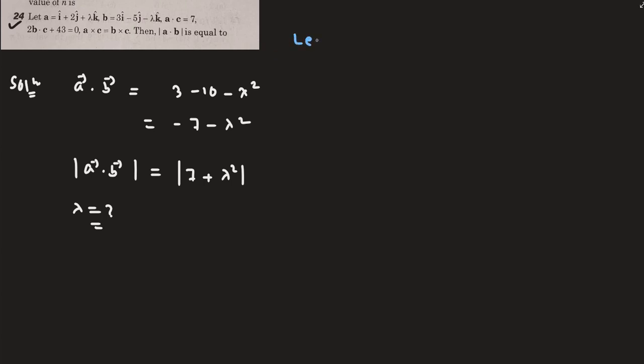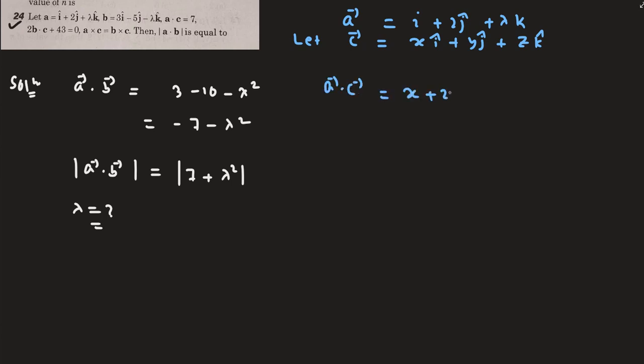So first of all, I consider our C vector to look like xi, yj and zk. This is our C vector. Now taking the dot product of A with C, the A vector is given as i, 2j and lambda k. So if you take A dot C, you are getting x, 2y and then lambda z, which is equal to 1.